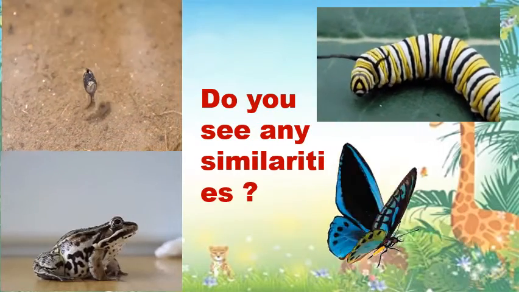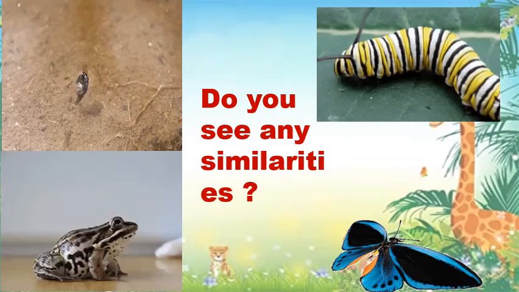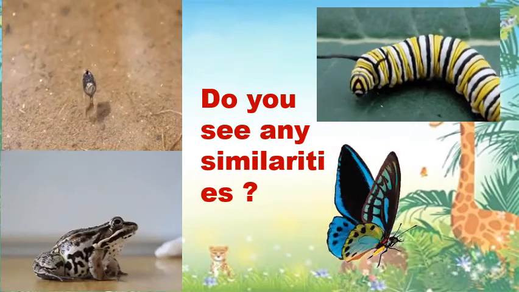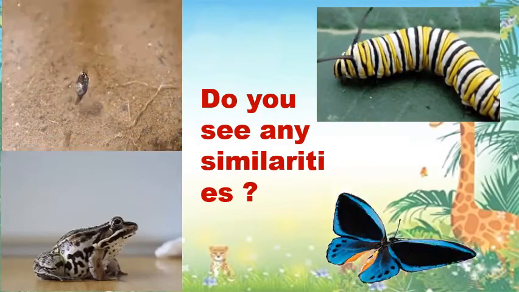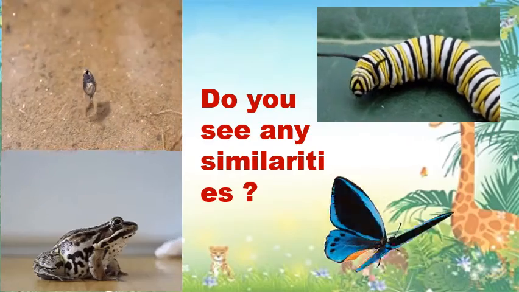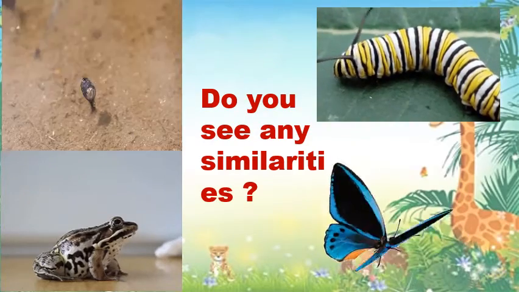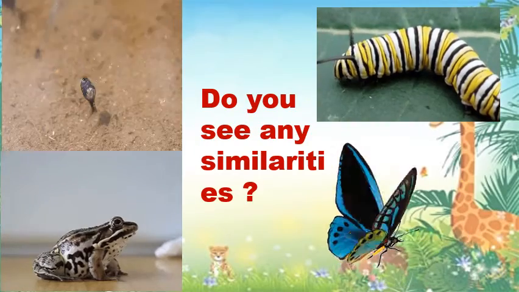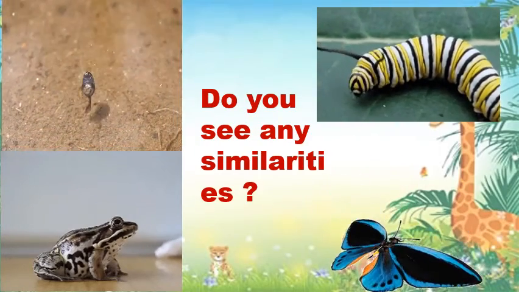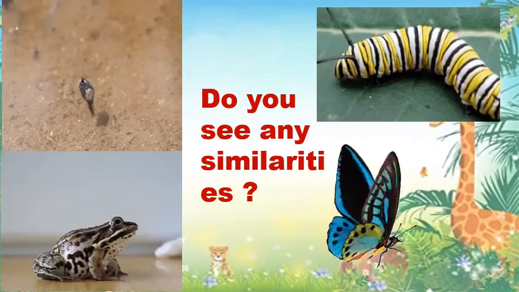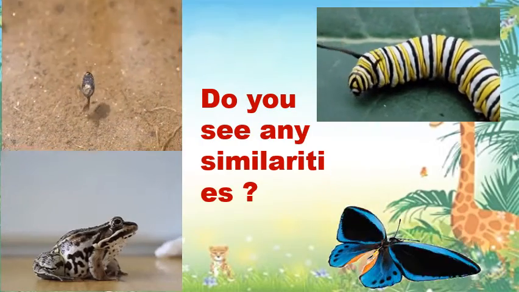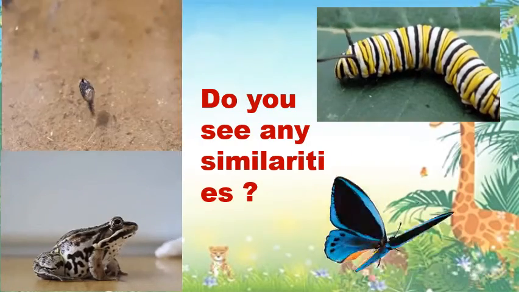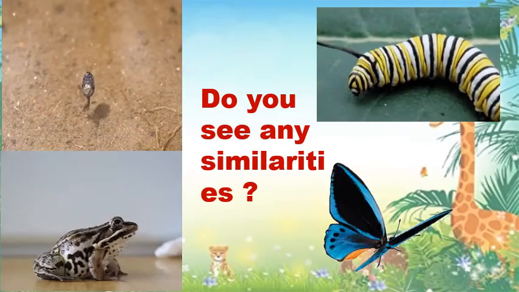Means we cannot see any similarities between the young one and its mother. Right? The young ones, these larvae and the tadpole, they emerge from the eggs. And we will study about these in detail in the next slides.